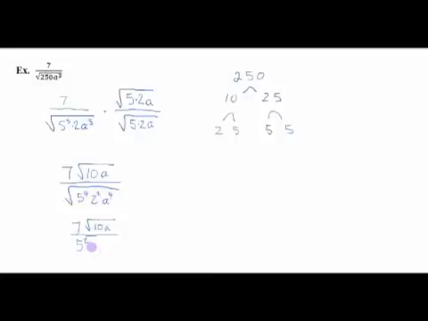Square root of 2 squared is 2. And the square root of a to the 4th is a squared. So that gives me a 7 square root of 10a all over 5 squared is 25 times 2 is 50a squared.